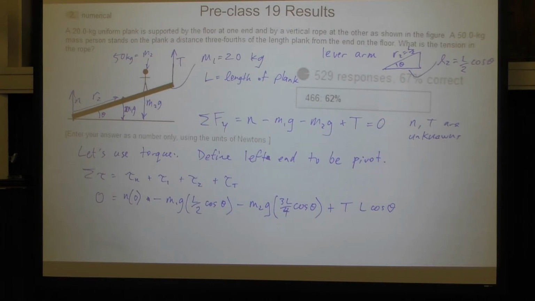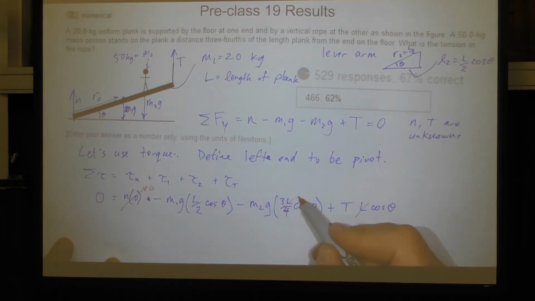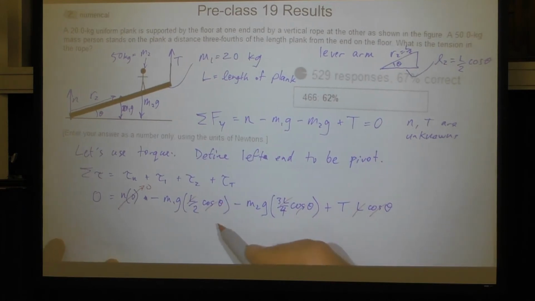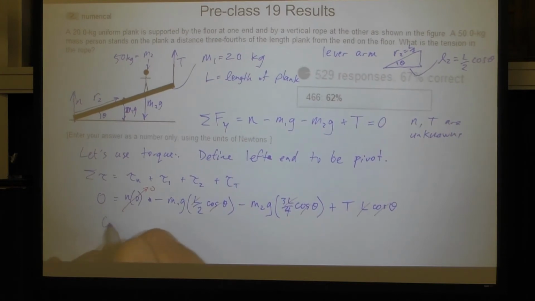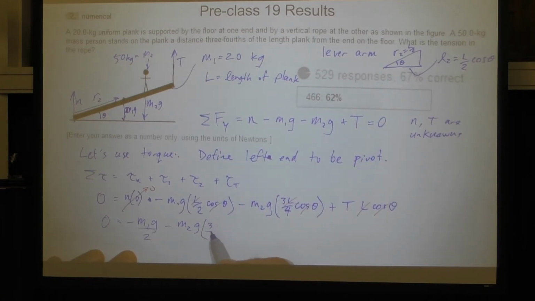And so there's a bunch of things that we can then cross out. N times 0 is 0. And then I'm going to divide both sides by L and divide both sides by cosine theta and try to simplify this a little bit. I got 0 equals negative m1 times g over 2, and then negative m2g times 3/4, and then plus the tension.